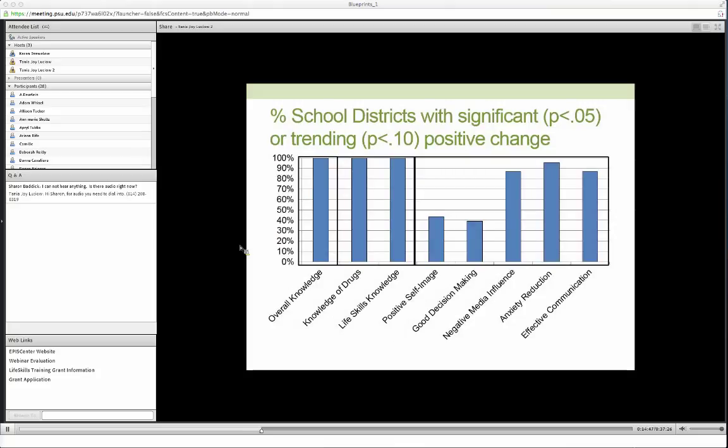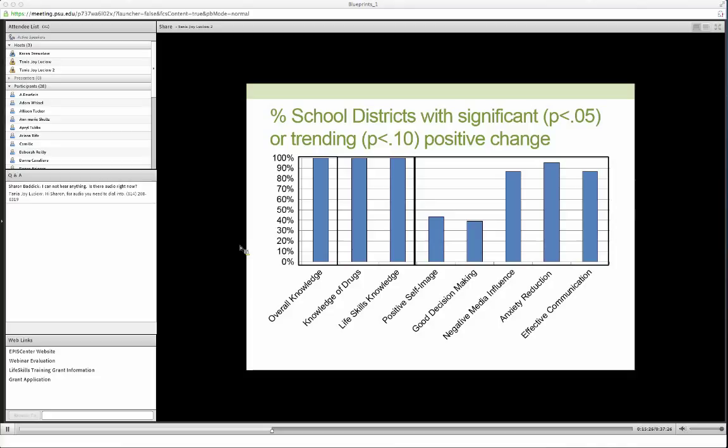One of the things we looked at was whether or not these changes were statistically significant. Overall, for knowledge of the harmful effects of drugs and life skills knowledge, we saw across the board 100% of districts showing either trending or significant positive change in this area. We also saw that negative media influence, anxiety reduction, and effective communication have almost all of the school districts showing either trending or significant positive change.